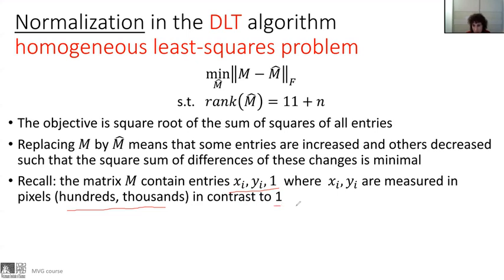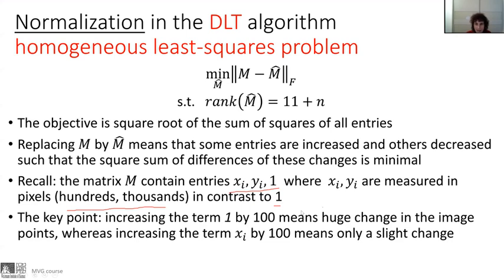And I have 1, which is very small relative to these large numbers. Therefore, changes such that M hat will be close to M would be such that, for example, if the term 1 is changed by 100, this is a huge change in the image point. But if the term xi or yi is changed by 100, it's a very slight change to the original problem, to the entries of the matrix or to the image point.